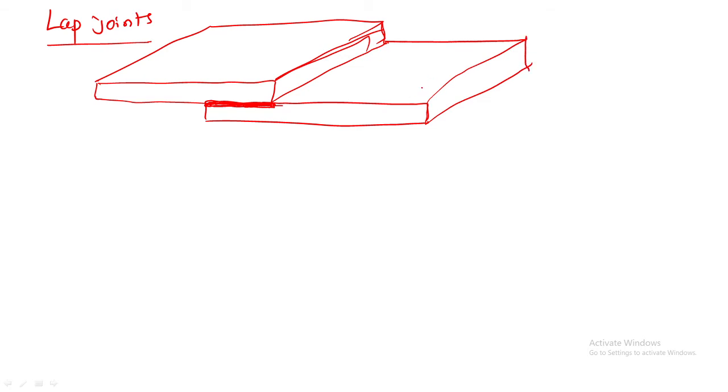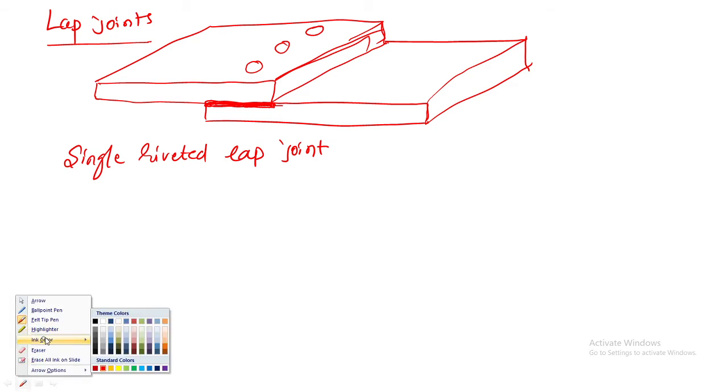In this way. Now suppose if you place only one rivet over here, then this is called a single riveted lap joint.